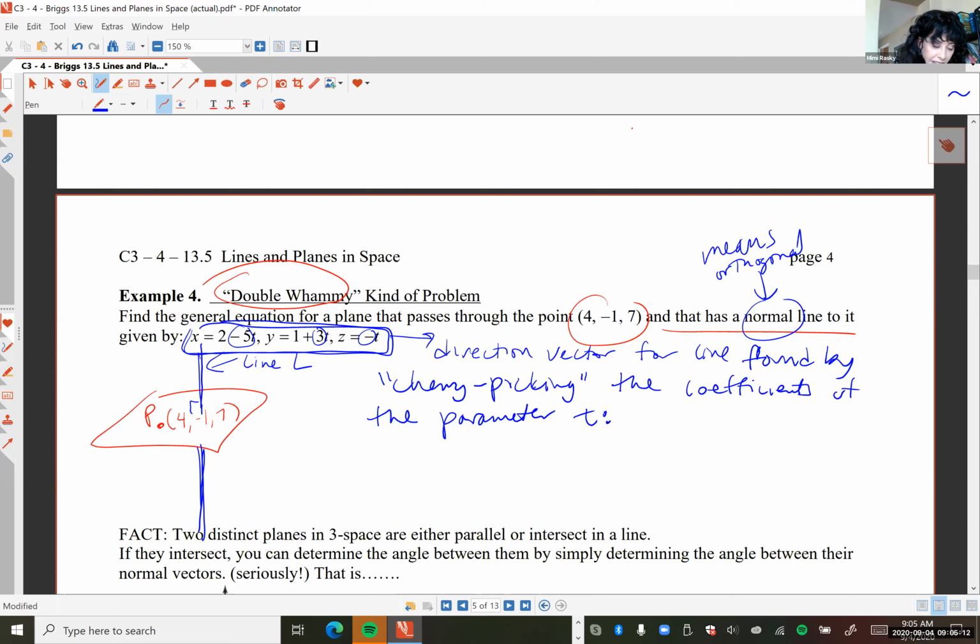So what am I saying? The direction vector for this line is this vector, -5, 3, -1.